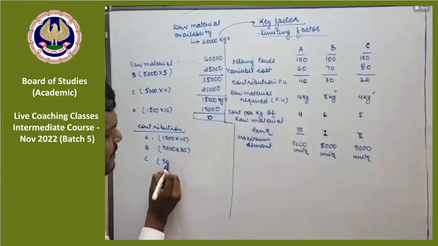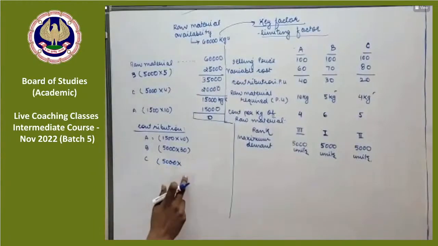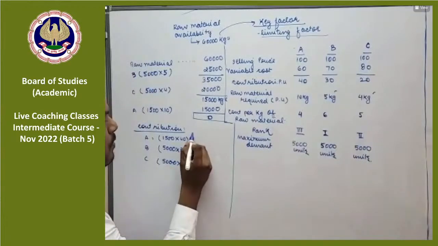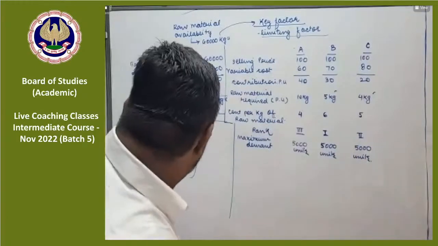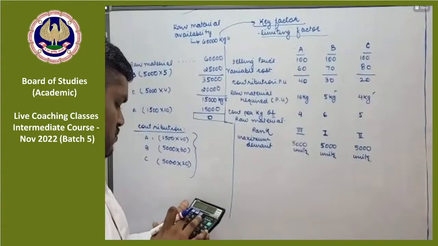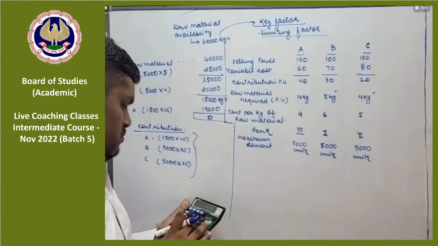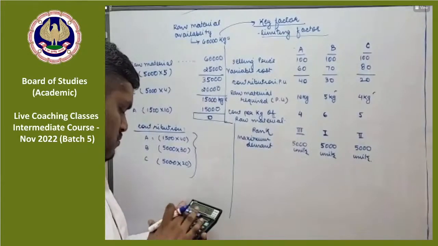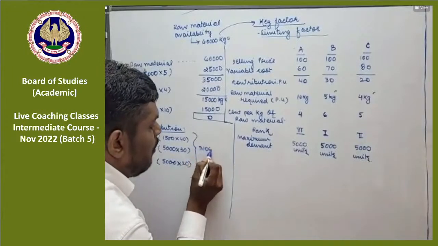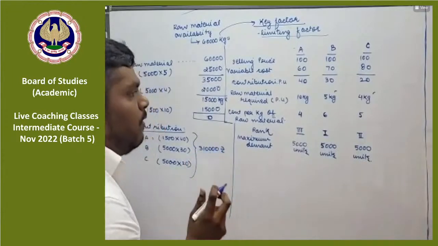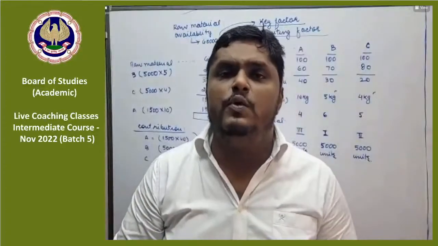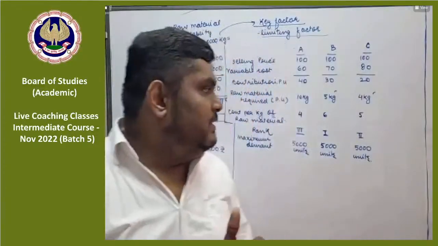Product C also we manufactured 5,000 units into the contribution per unit of 20. So 3,10,000 is the maximum contribution we will get in this question.